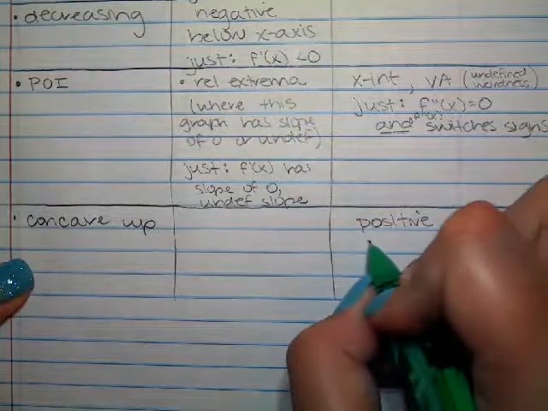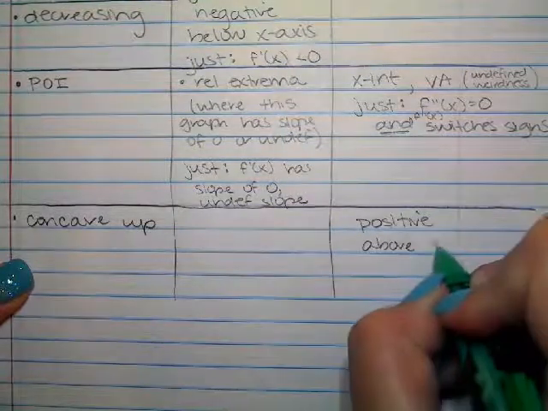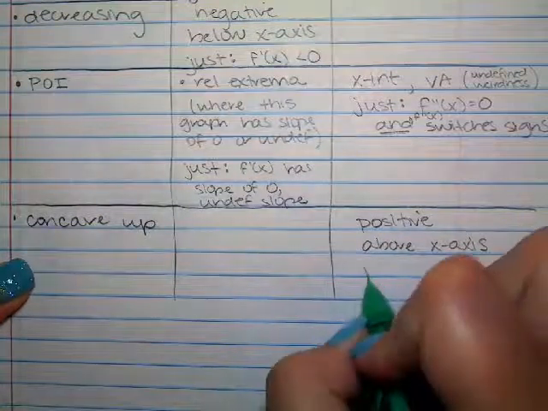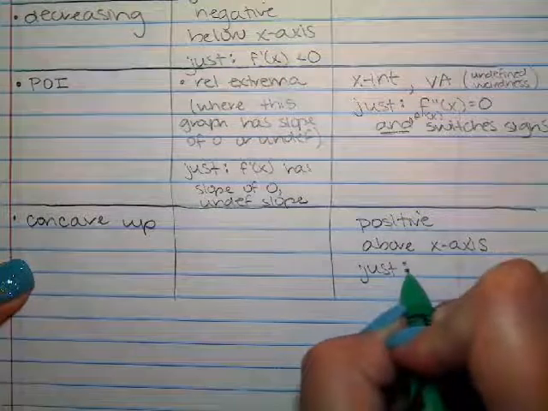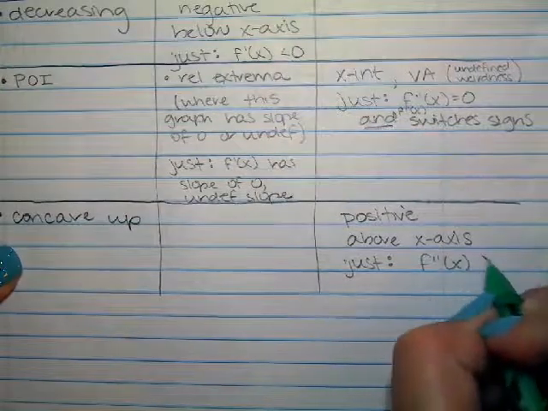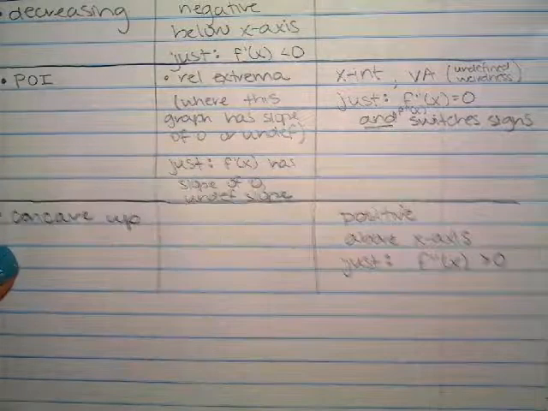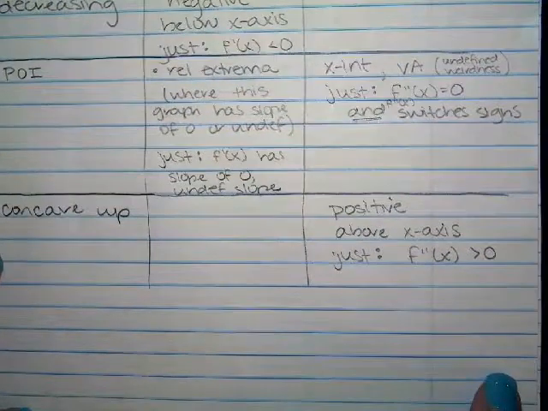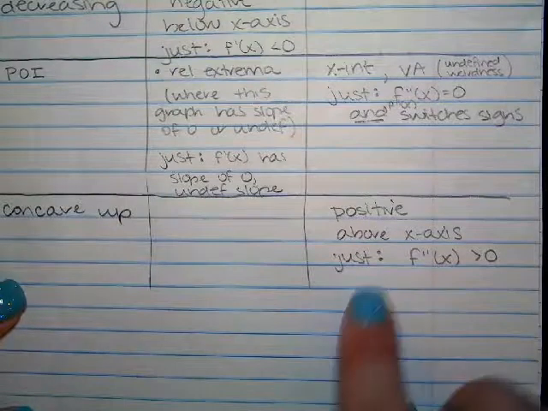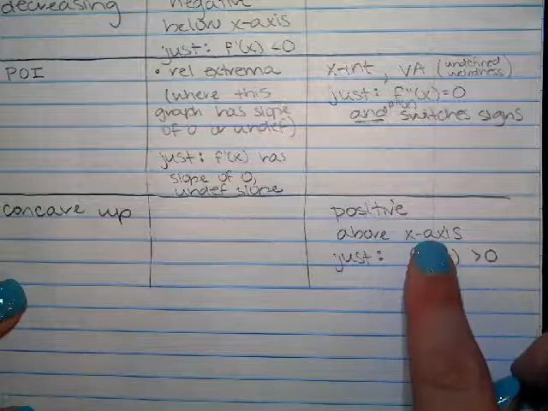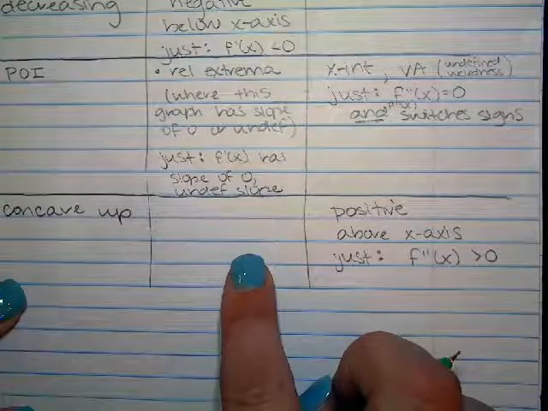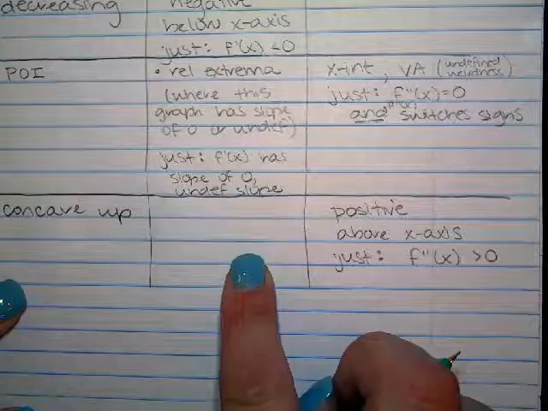Okay, and so what's our justification? It is above 0, or f double prime of x is positive. And then, if this is positive, this is above the x-axis, then what does that look like on the first derivative graph? The slope is positive, or it's an increasing portion of the first derivative graph, so it's increasing.